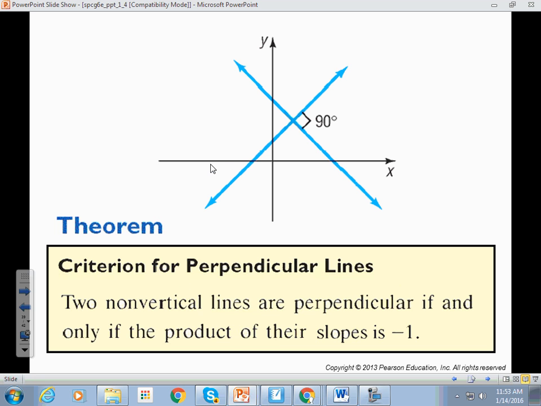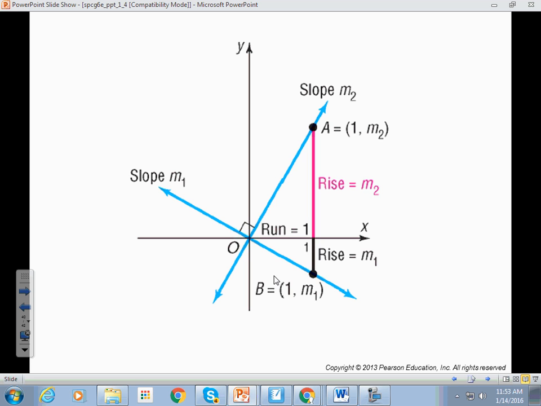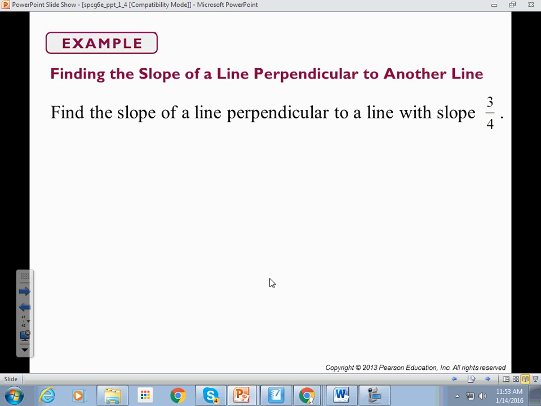Actually, write that down. Okay, so here's how we apply that. Find the slope of a line perpendicular to a line with a slope of 3/4. So the slope would be the reciprocal, and we change the sign. So we flip and change the sign.